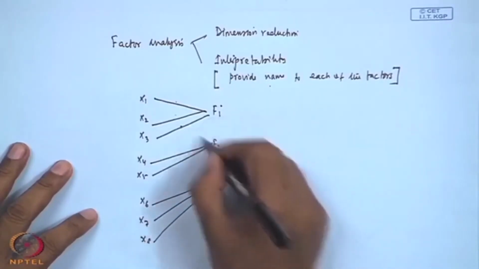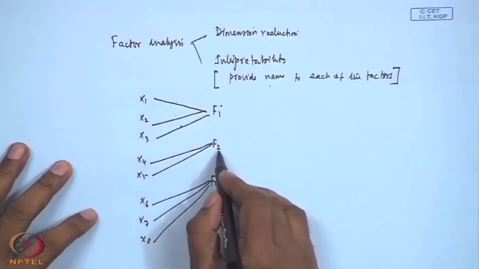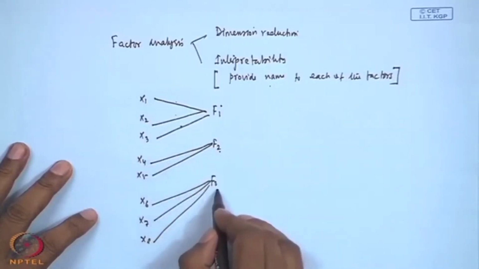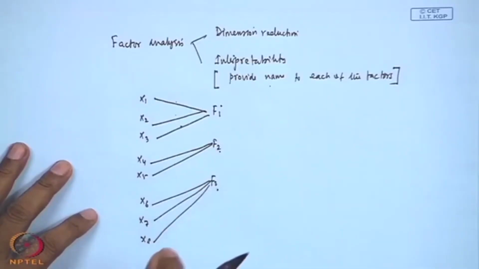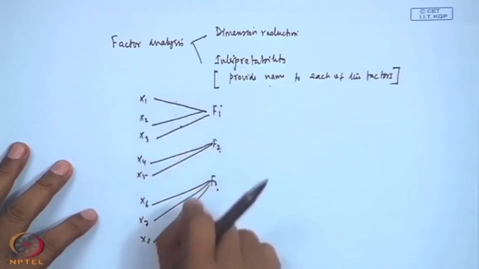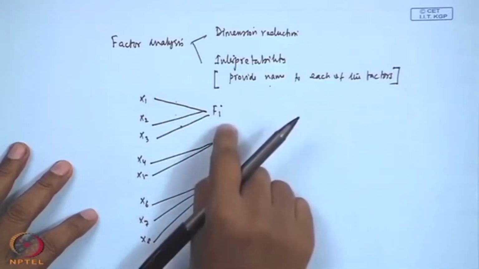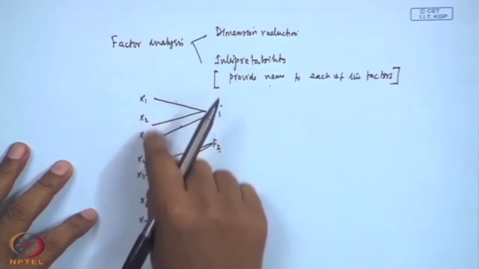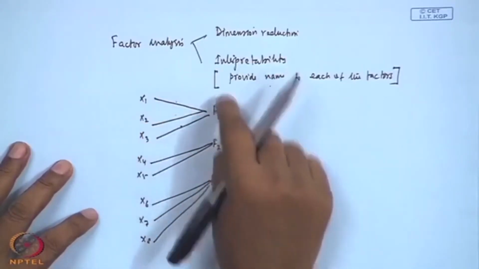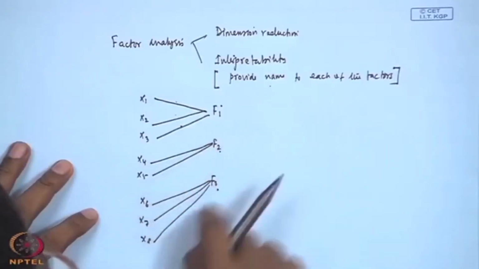But the other loadings, like x1, x2, x3 on factor 2 as well as factor 3, are very small, negligible. That means we can ignore those loadings. Under such a situation, we can say that x1, x2, x3 are creating factor 1, x4, x5 are creating factor 2, x6, x7, x8 are creating factor 3.